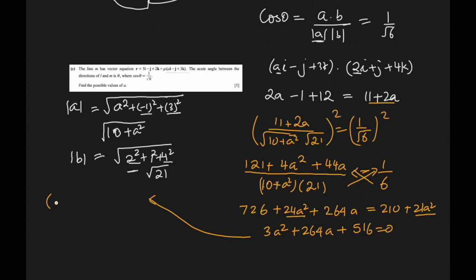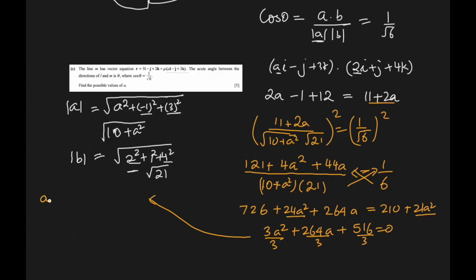And if I factor this, I get two factors. You can use any method. You can straight away factor, or you can do one thing. Before that, let's divide this by 3 so that it becomes simpler.